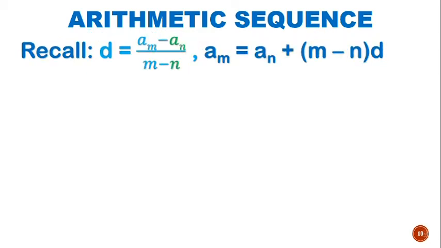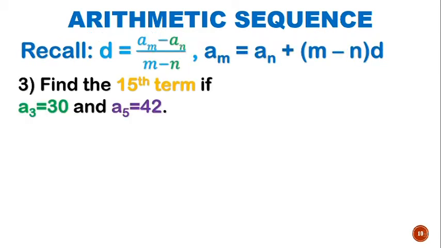Now, what about problem number 3? So you're asked for the 15th term. And this time, you're given not the sequence, but two terms of the sequence. Because earlier, D was easy to see, it just subtracts. Here, not yet, because the terms are separated. So, how do we get D? This is the equation we will use, like what we did earlier when we solved for D. So, which again are M and N? M is higher.